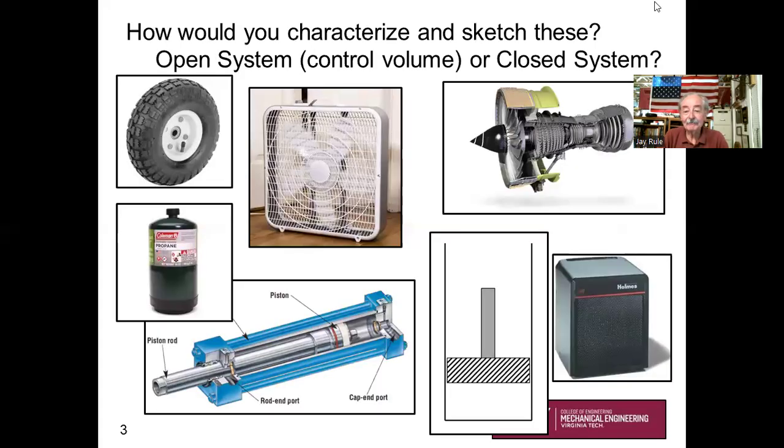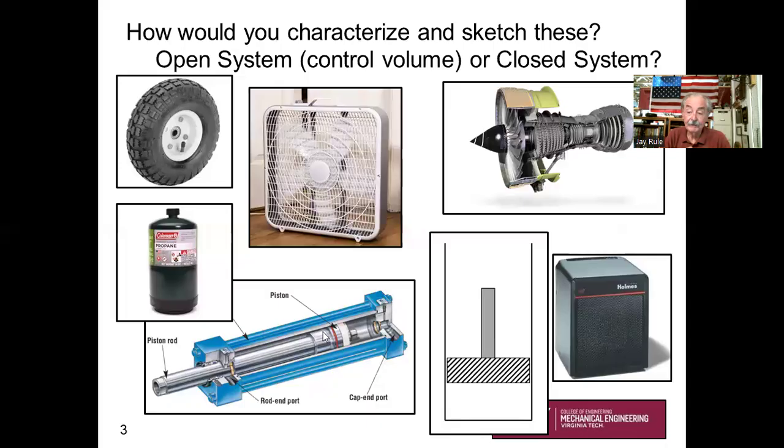Okay, and so just a little mental exercise as you go through, quickly scan what's shown here on my slide. Here's a tire. Here's a residential box fan. Here's a canister of propane.